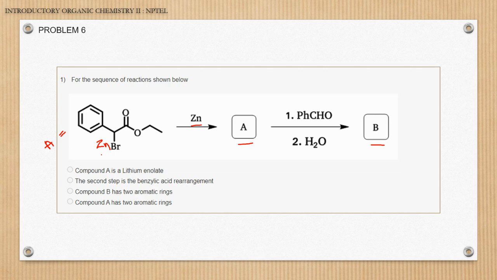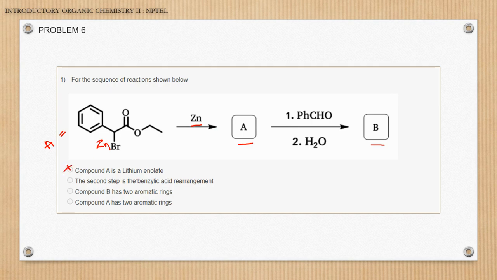No. So it is not a lithium enolate, as I mentioned in the previous lecture on enols and enolates: you form a lithium enolate by reacting a species having an alpha hydrogen, a highly activated carbonyl compound, with LDA. So here this is not a lithium enolate, so this option is the wrong one.